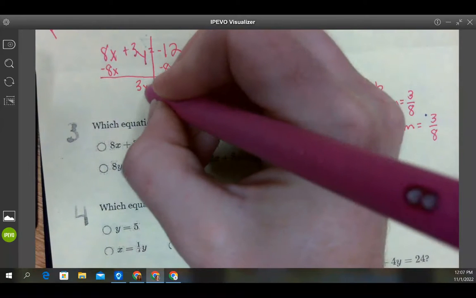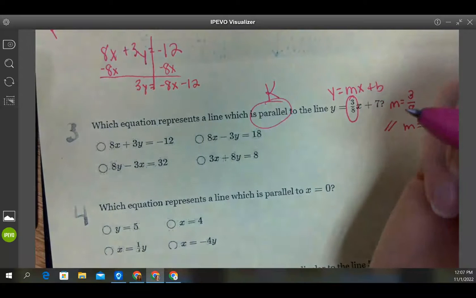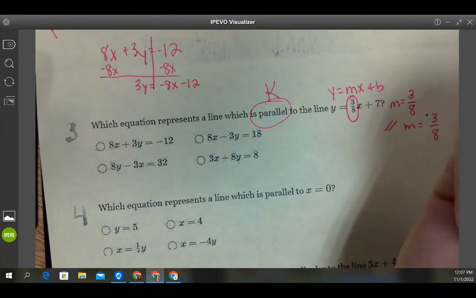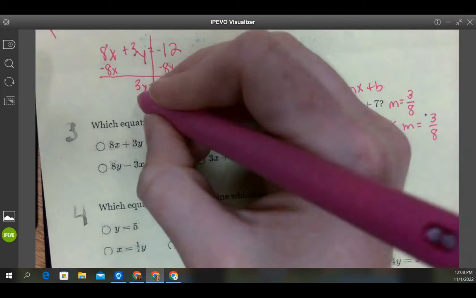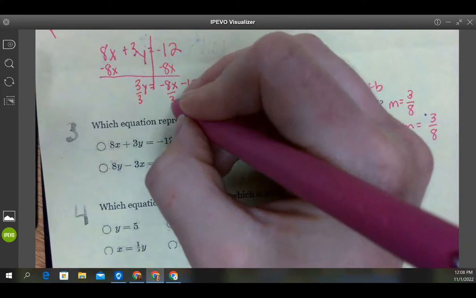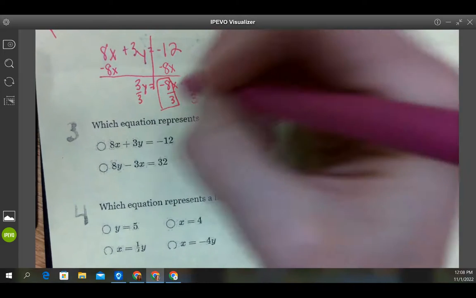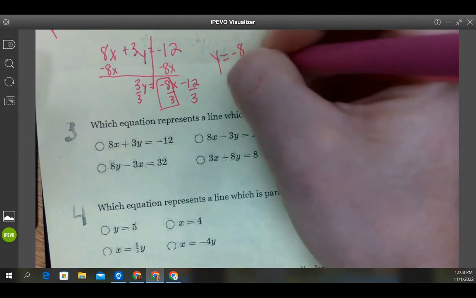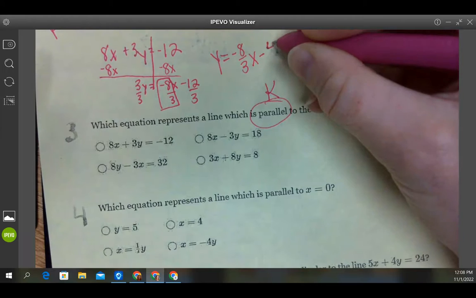So 3y equals -8x minus 12. We don't combine them. And then what do we do? So what's the slope here? Yeah, y equals -8 over 3x minus 12 over 3.